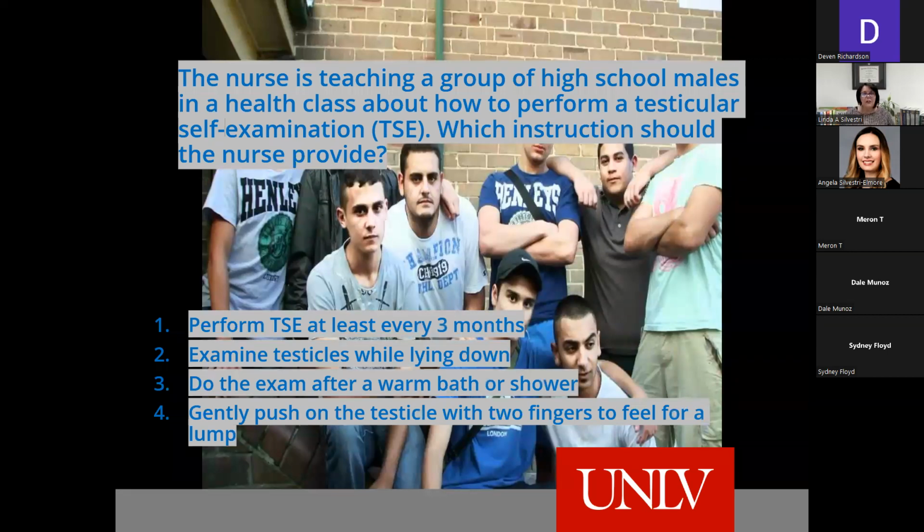Okay, so the nurse is teaching a group of high school males in a health class about how to perform a testicular self-exam. Which instruction should the nurse provide?